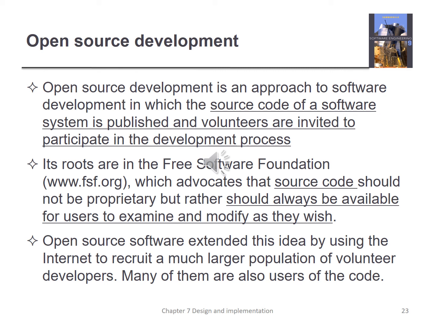You write it, you put it there, and it is free for everybody to take it and change something in it, whatever it is. Open source software extends this idea by using the internet to recruit a much larger population to volunteer. So they use the internet to contact a lot of people to participate in this effort.